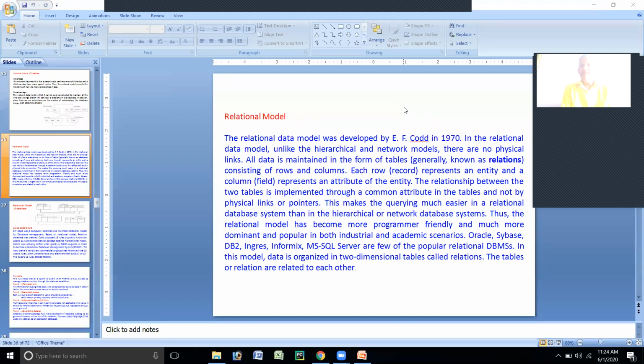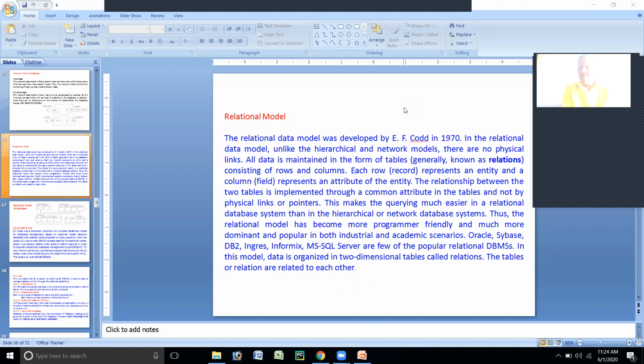Table consisting of rows and columns. Each row is a record, which represents an entity, and a column represents an attribute of the entity.